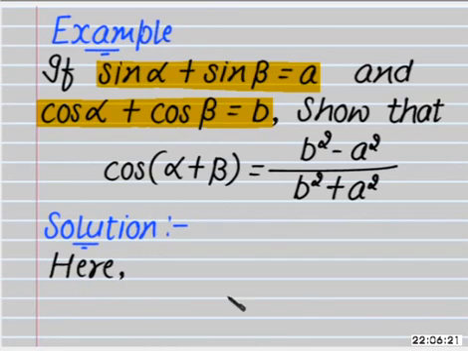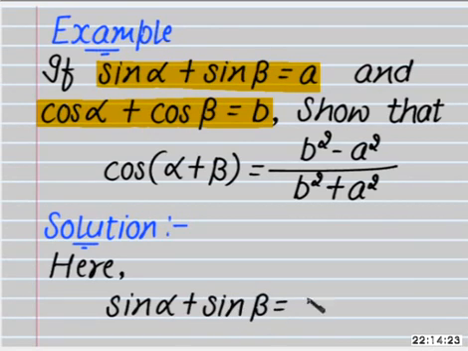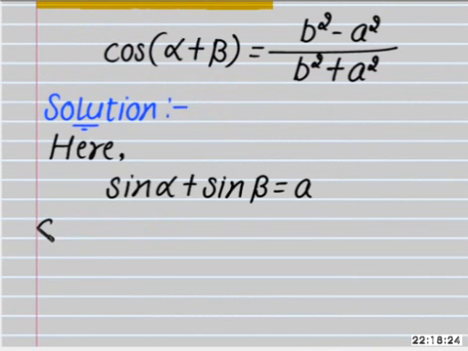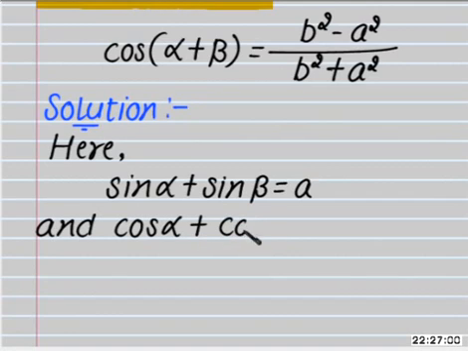Here it is given to us sin alpha plus sin beta is equal to a and cos alpha plus cos beta is equal to b.